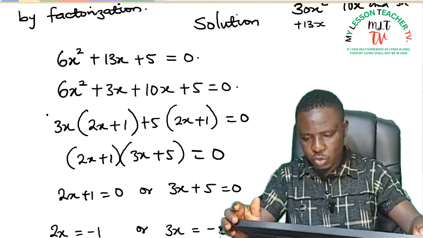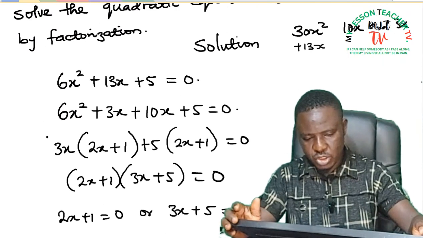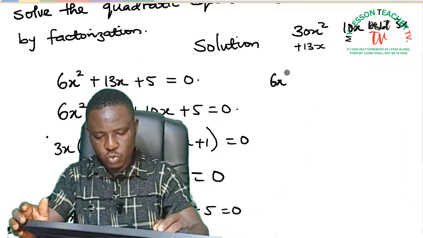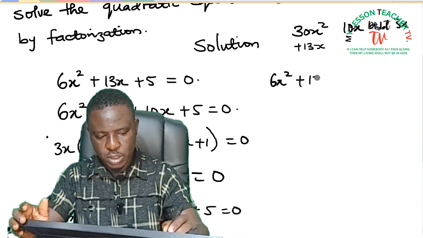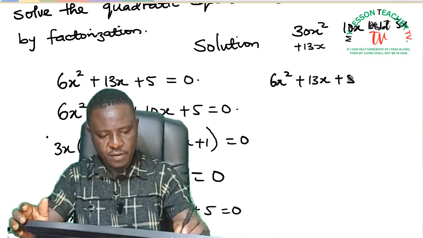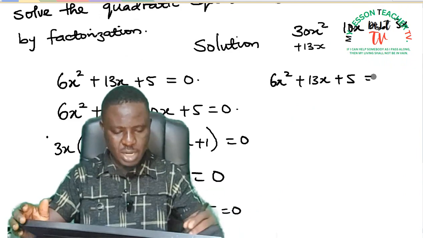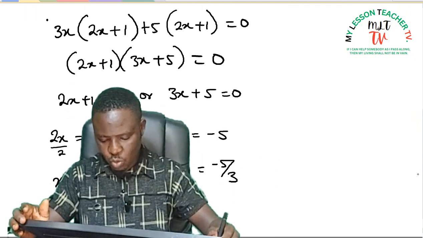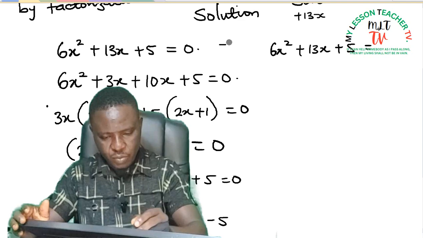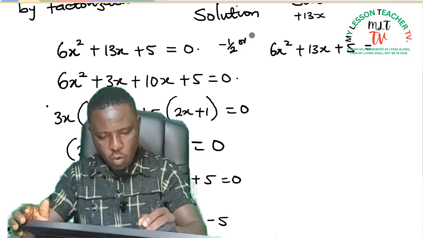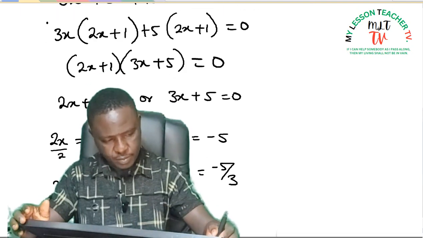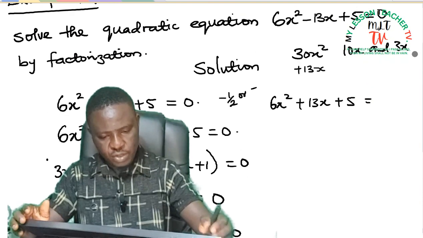And if we substitute it into that equation, which is 6x squared plus 13x plus 5, will it be equal to 0? Let's see. We have x is equal to minus half or minus 5 over 3.